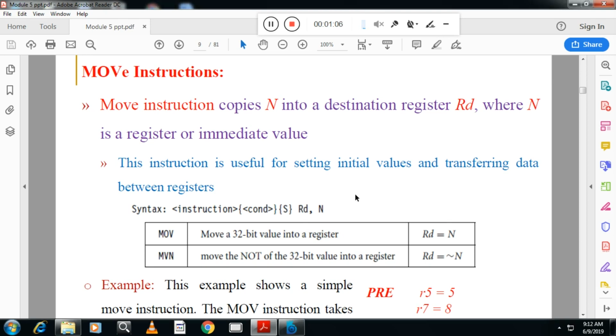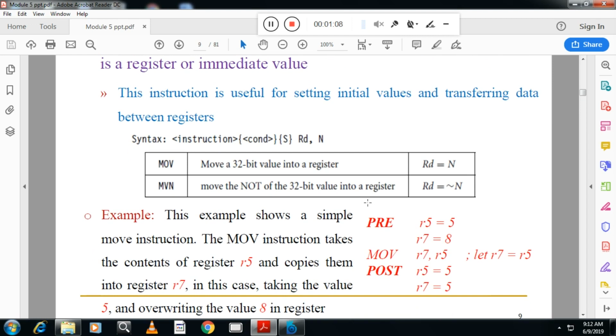You can see one example: move R7, R5. What will it do? It will move R5 to R7. The free condition is this one, the forced condition is this one. The forced condition indicates the status of the register after execution.